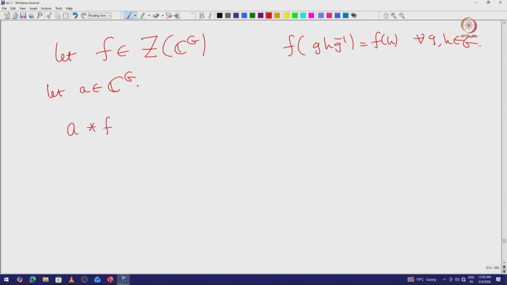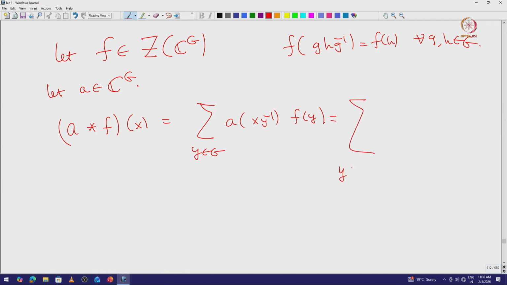A star f at x, by definition, is going to be the summation over y in G of A(x y inverse) f(y). Now, we can replace this y by the conjugate of y, so f(x y x inverse).